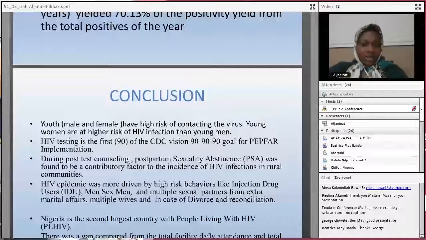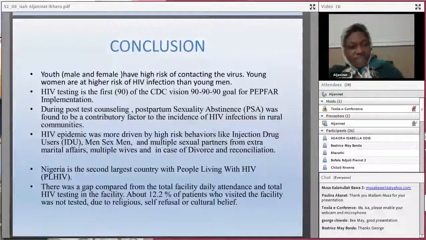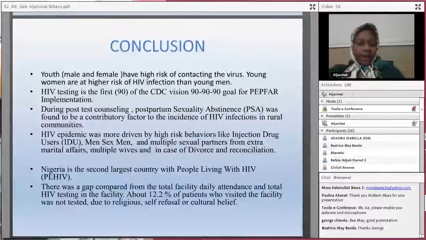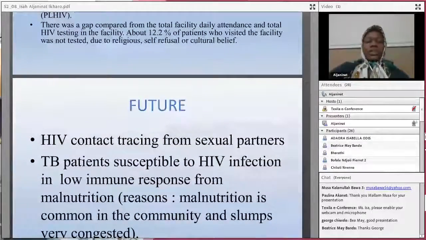Nigeria is the country with the second largest population of people living with HIV, and there was a gap between the total facility daily attendance and the total HIV testing in the facility. About 12.2% of the people who visited the facility were not tested due to religious belief, self-refusal, and cultural belief.